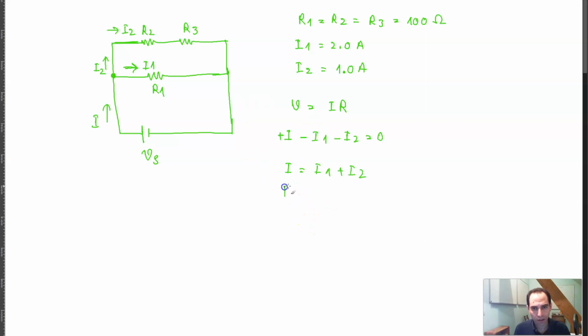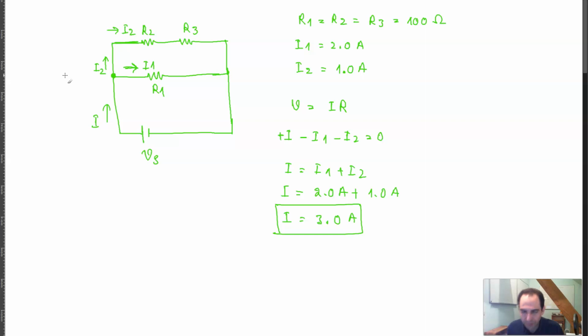So now I is equal to I1, which is 2.0 amps, plus I2, which is 1.0 amps, which is the same thing as 3.0 amps. So the total current going through your circuit is 3.0 amps. And now if I calculate the equivalent resistance here, we will be able to calculate the voltage.